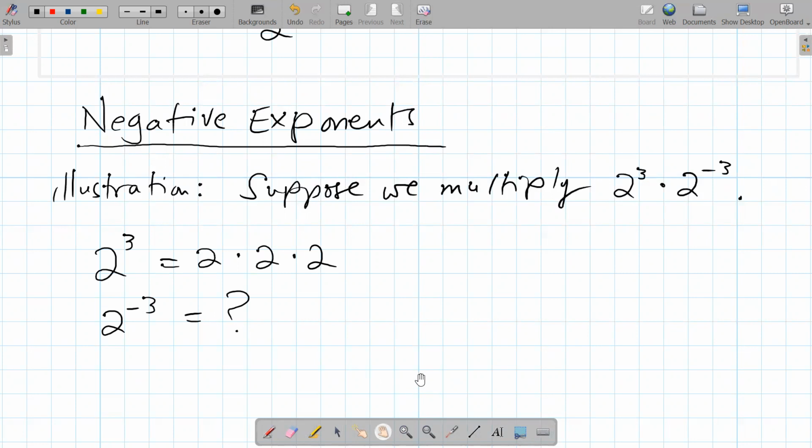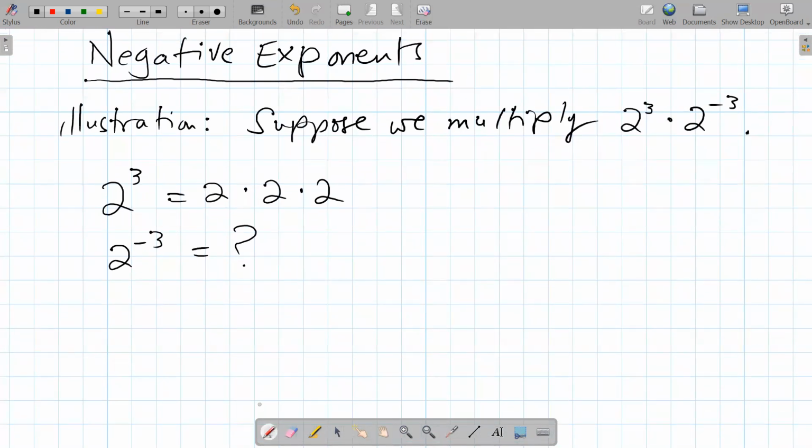But the point here is, if we are putting these two together, 2 to the 3rd times 2 to the negative 3, we can apply one of the rules. We can use what we call the product rule.